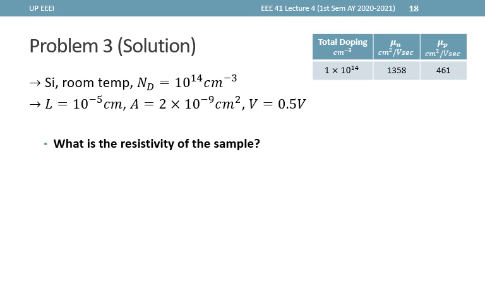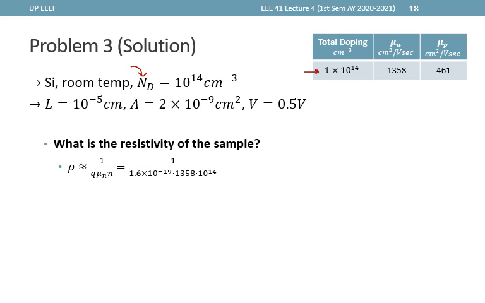So first, what is the resistivity of the sample? We need to know the carrier concentrations and the mobility values. Since we are given just Nd is 10 raised to the 14, we can extract the values for the mobility for a doping concentration of 10 raised to the 14.